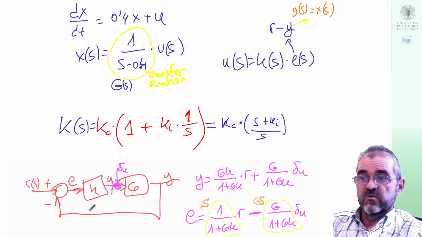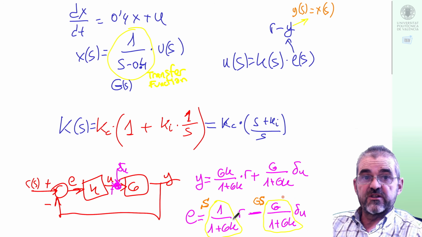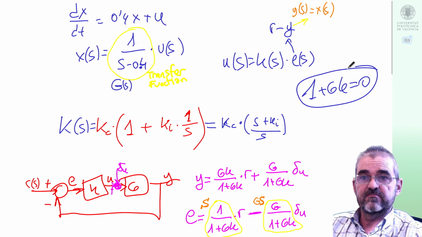In other videos, we obtained the closed loop equations for output and error. The denominator is the same everywhere, so the characteristic equation is denominator equals 0, that is, 1 plus GK equals 0.